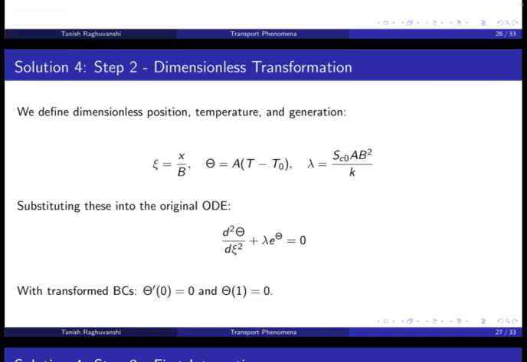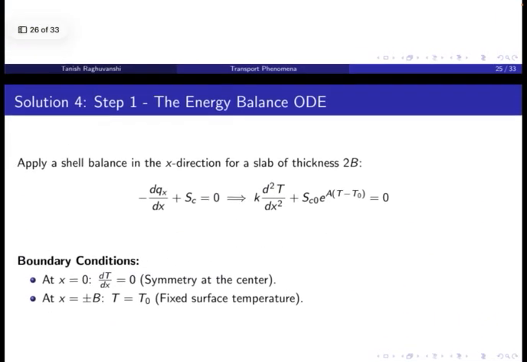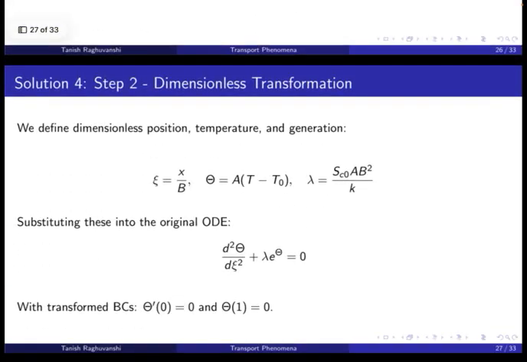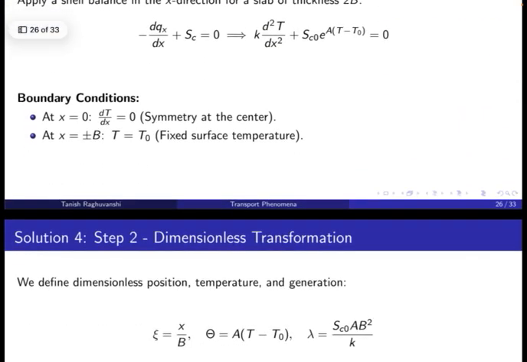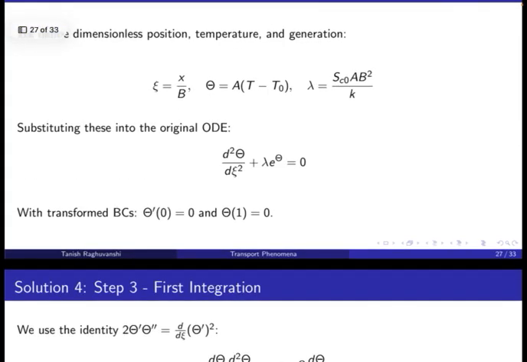We can substitute these into the original ordinary differential equation. So again, this is something that we've been working on these past three questions, that to make it less tedious for us to solve, we use dimensionless numbers, and that way we get a very concise ordinary differential equation for us to solve.